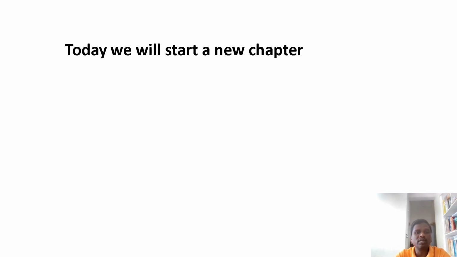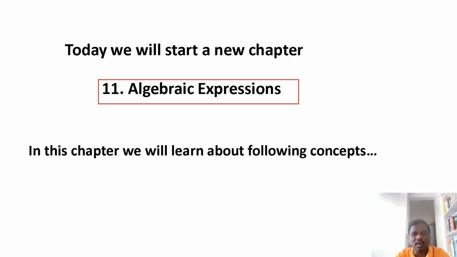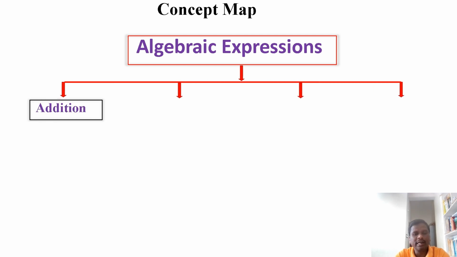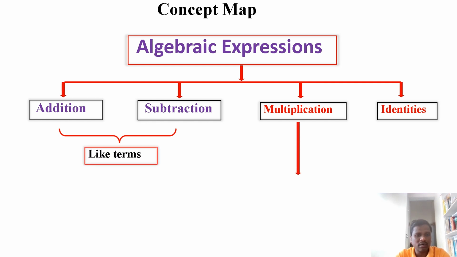Now today we will start a new chapter, algebraic expressions. In this chapter we will learn about the following concepts. The concept map is algebraic expressions: addition, subtraction, and next multiplication and identities. In addition and subtraction, we will define like terms and unlike terms for subtraction.